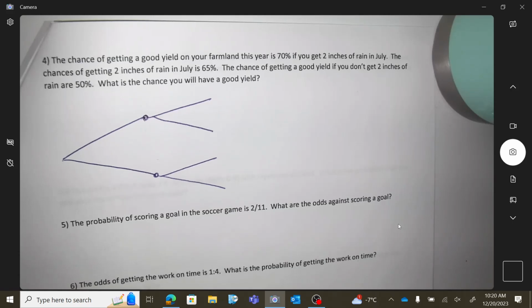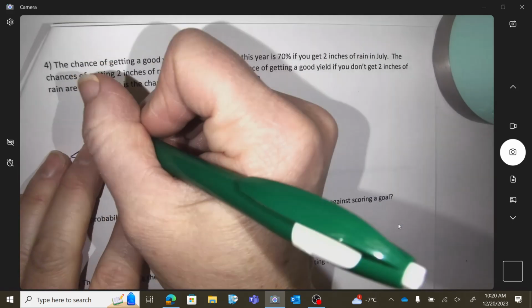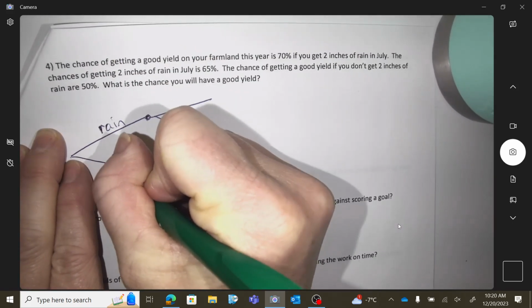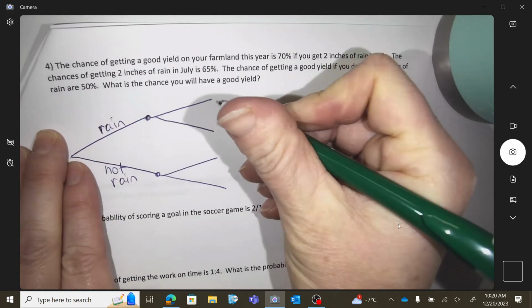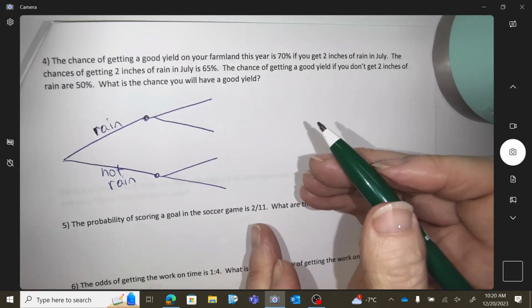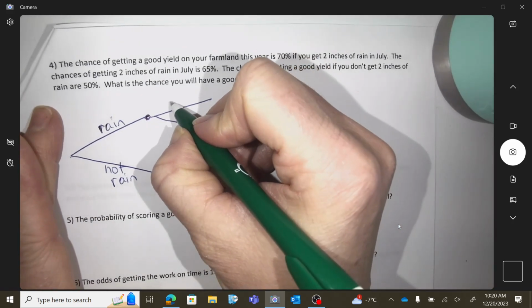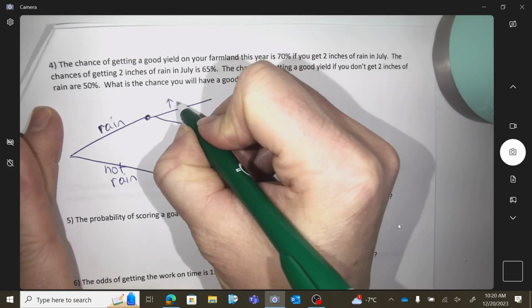Does your farm produce depend on rain, or does rain depend on your farm? That doesn't even make sense. So we need to put the rain before, right? We need to do rain or not rain, because the farm stuff depends on the rain. So then that comes next, right? A good yield.